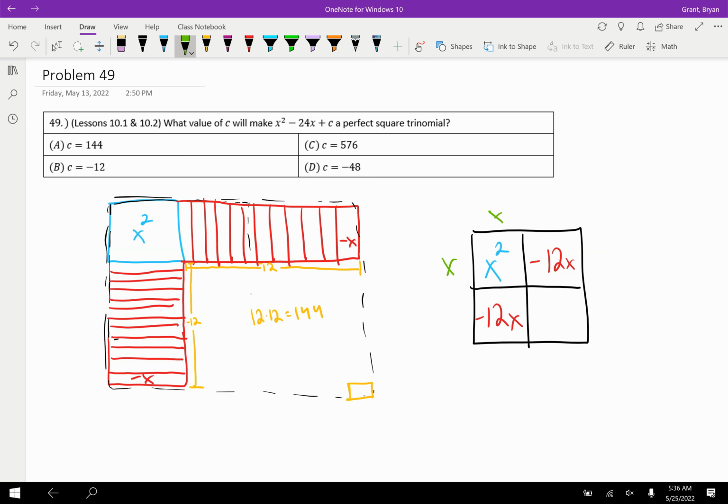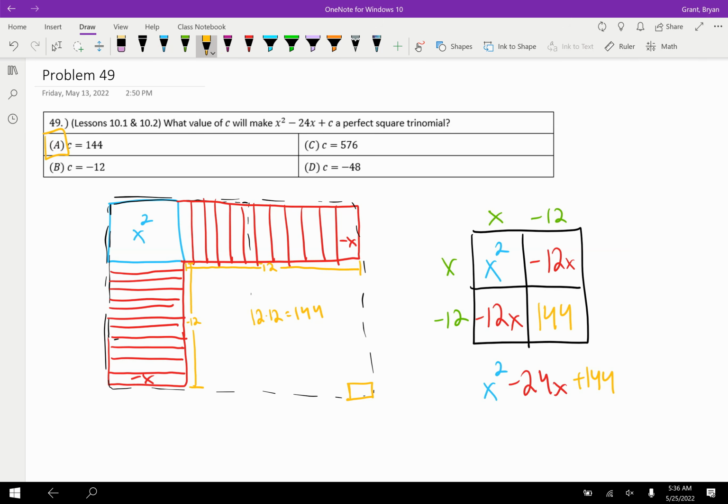This will have to be x and x, negative 12, negative 12. So what is the missing piece that goes here? Negative 12 times negative 12 is positive 144. So if you put the inside of the box together, it's x squared minus 24x with a positive 144. So our answer in two different ways is A.